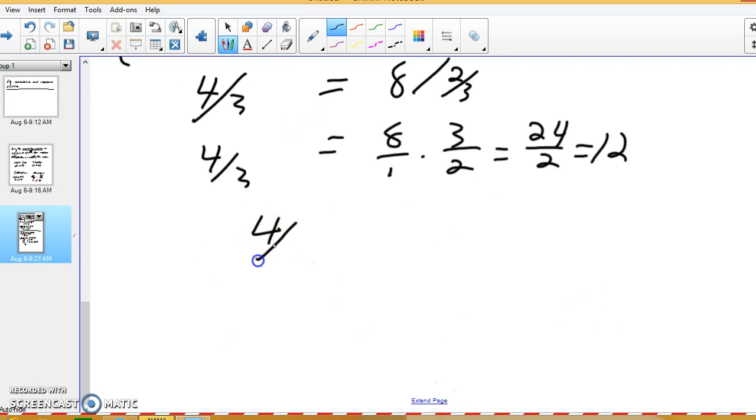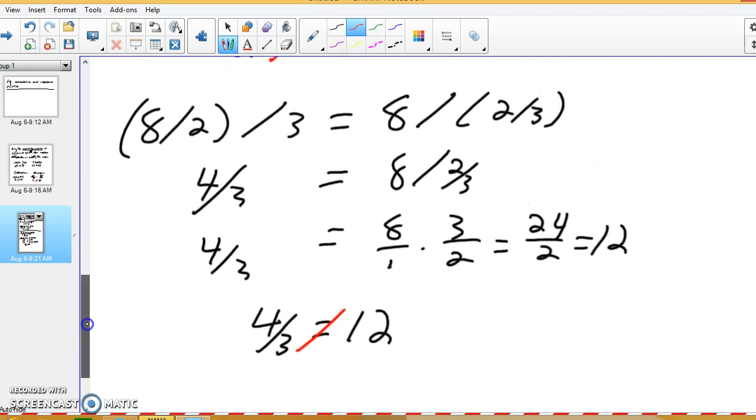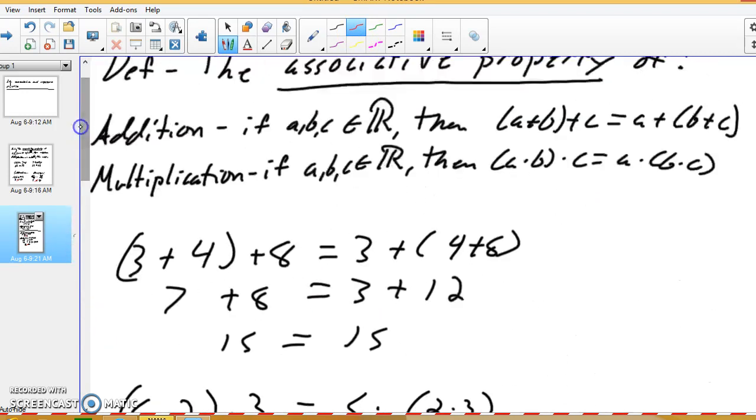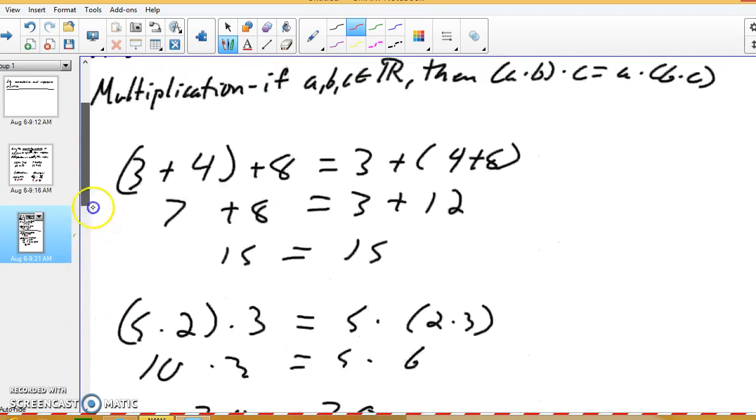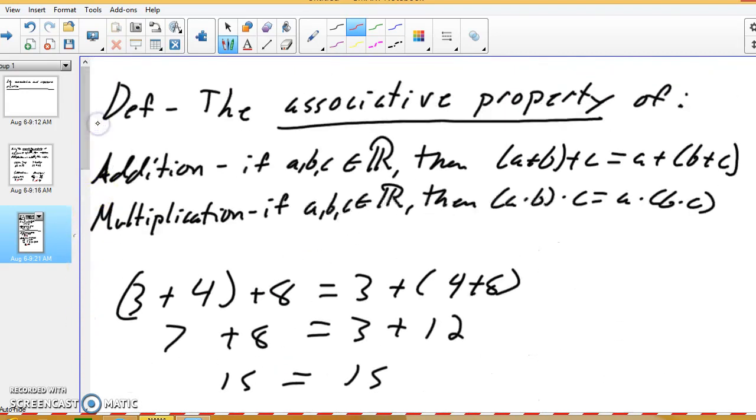So 4 over 3 does not equal 12. So again, this is just an example of why the associative property does not work with subtraction or division. The associative property, like the commutative property, only works with addition and multiplication.